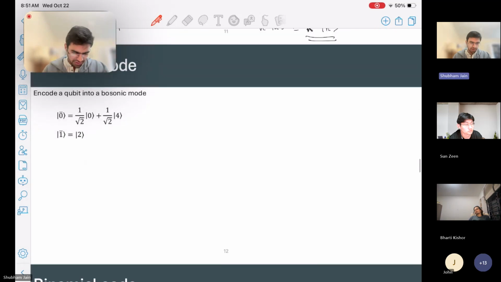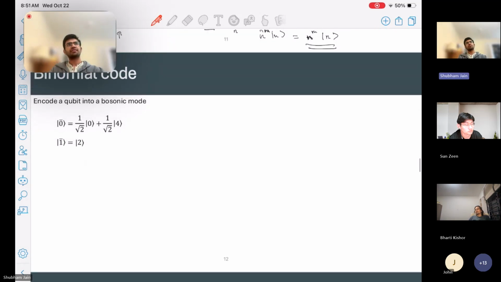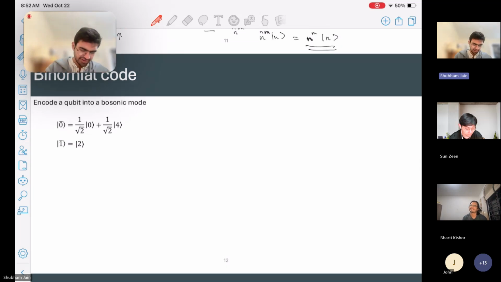Now we can introduce our first code. This is, in my opinion, the simplest bosonic code. People might disagree, but I think it's quite simple. So you have two logical states. We're trying to encode a qubit into a bosonic mode. So in this infinite dimensional Hilbert space, we're trying to encode two logical states. And we'll see how this can actually correct against the photon loss and the dephasing errors that we talked about in the previous slide.